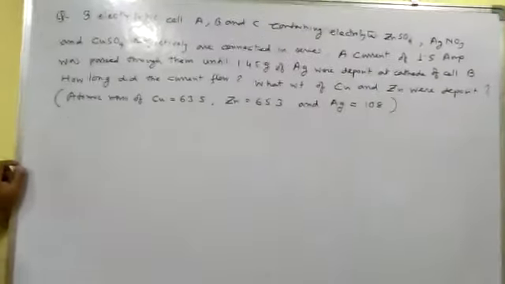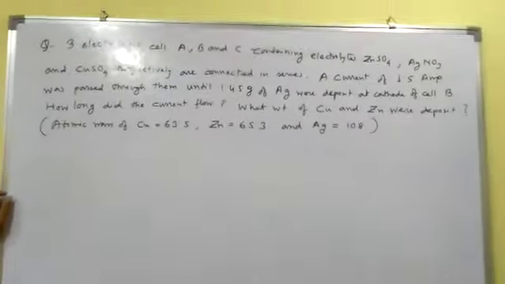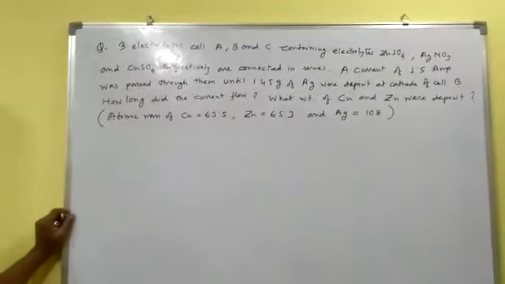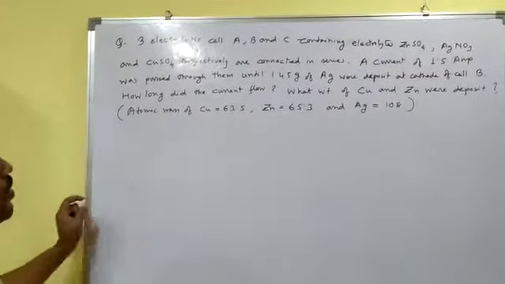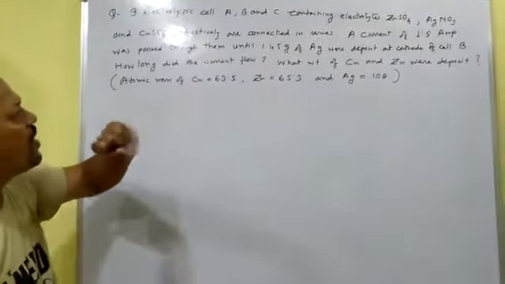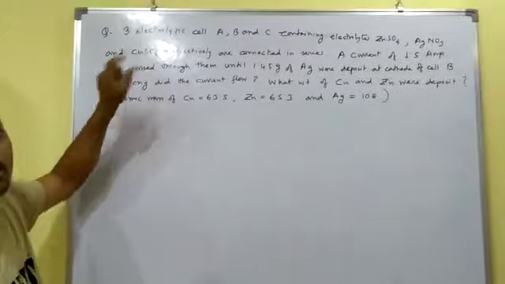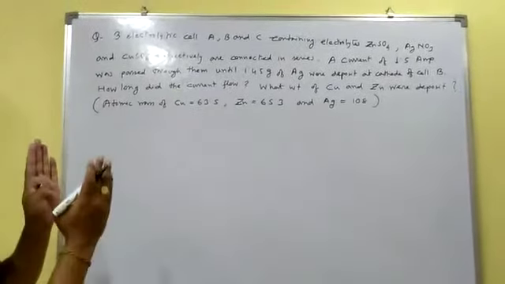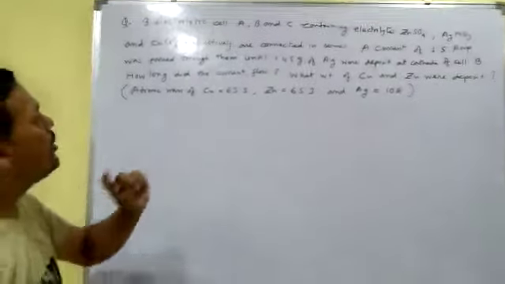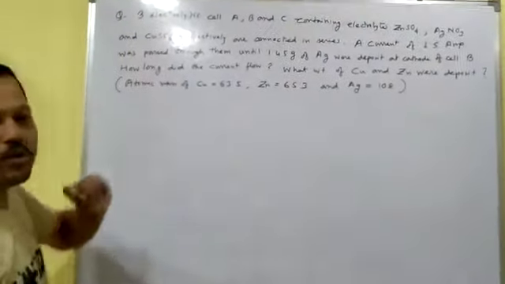So now here there are 3 cells A, B and C and they are connected in series. Since they are connected in series, you have to apply Faraday's second law. The first cell contains zinc sulfate solution, the second cell contains silver nitrate solution and the third cell contains copper sulfate solution. So in cell A, zinc will deposit, in cell B, silver will deposit and in cell C, copper will deposit.